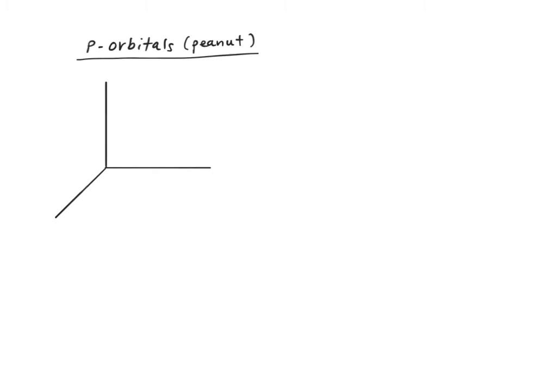P orbitals are shaped like a peanut. P orbitals in three-dimensional space, again, where we have an x-axis, a y-axis, and a z-axis, extend outward in two lobes along one axis. There might be a lobe right here, which is mirrored on the opposite side of the x-axis.